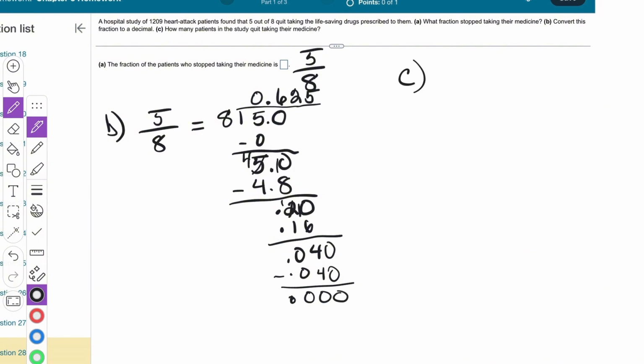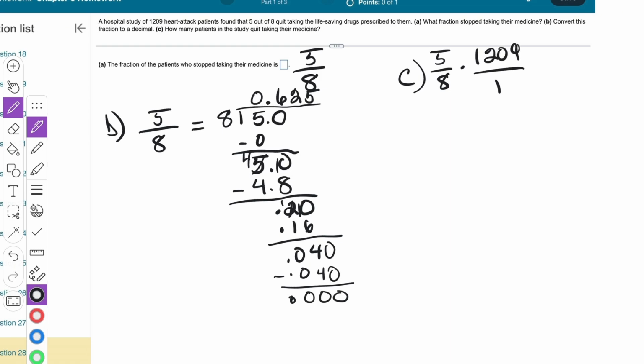And then part C, it says how many patients in the study quit taking their medication. So what you end up doing is you multiply the 5/8 times the 1,209 patients.